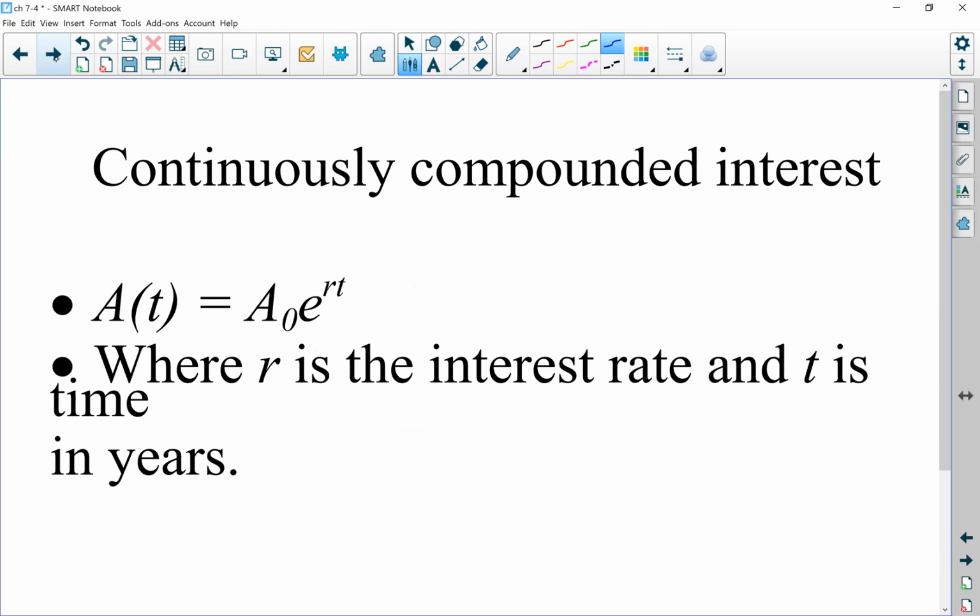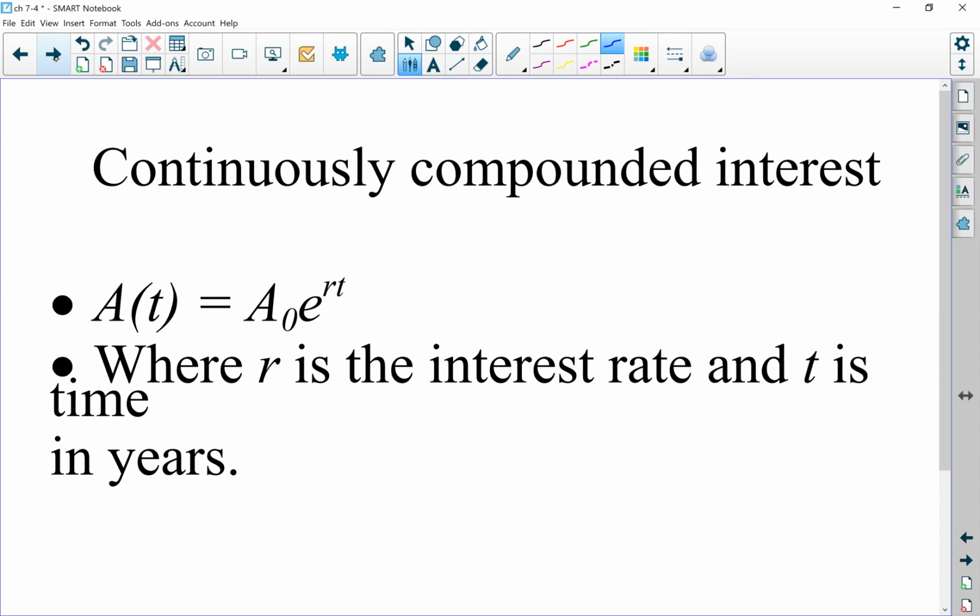All right. There are other examples you can use, like population. We're actually not going to talk about population until next week when we talk about the logistics equation, because it models population more accurately over time than exponential expressions do.